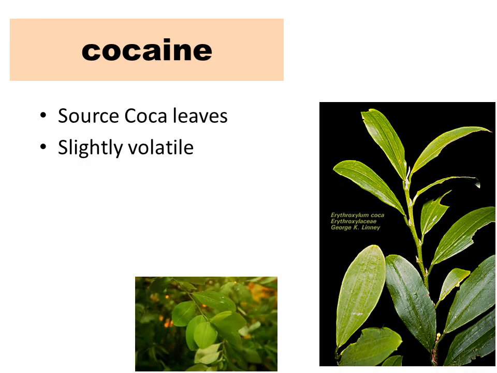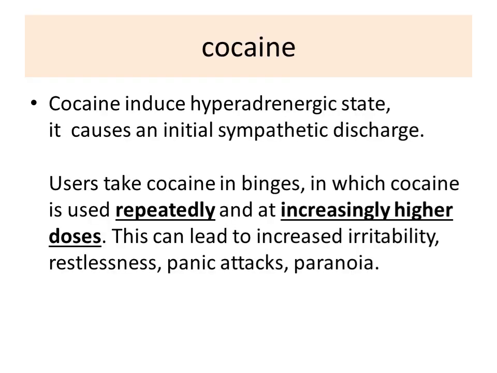The next drug is cocaine. The source of cocaine is the coca leaves. It is slightly volatile, so it can be consumed via smoking. Cocaine is also termed crack because while it is smoked, it can produce a sound of cracking. So in the United States, it is termed crack.